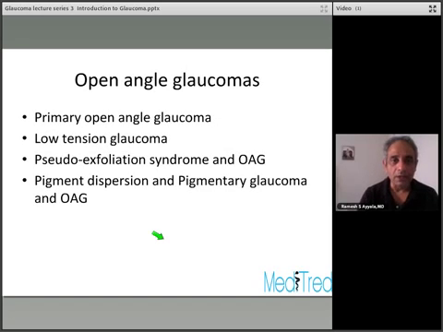The open angle glaucomas are again subdivided into primary open angle glaucoma, i.e. glaucoma that is not associated with any known association, either within the eye or systemic, leading to glaucoma; low tension glaucoma; pseudoexfoliation syndrome and open angle glaucoma; and pigment dispersion and pigmentary glaucoma. Today's topic, we're going to limit ourselves to primary open angle glaucoma.